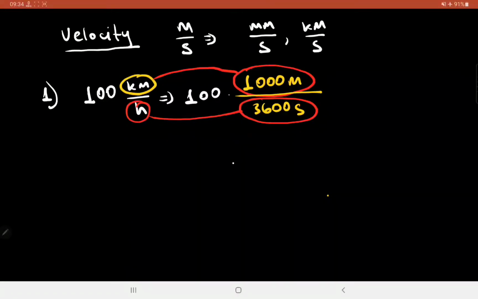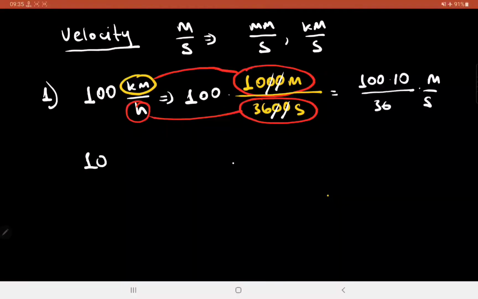So firstly we just multiply, divide, that's all. We can remove 2 zeros, so it will be 100 times 10 divided by 36. Unit will be meter per second. And the final answer, 1000 divided by 36, it's 27.7 approximately.